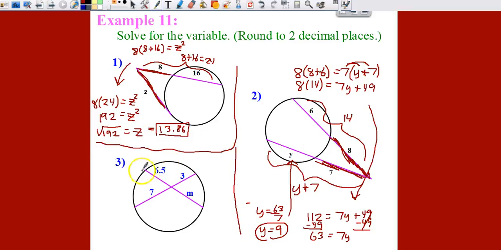All right, let's finish it up. This last one is going to be part times part equals part times part. So basically how that works is 6.5 and m are on the same line, we call that a chord. So we'll do 6.5 times m. And then 7 and 3 are on the same line, so we'll do 7 times 3, which is 21.